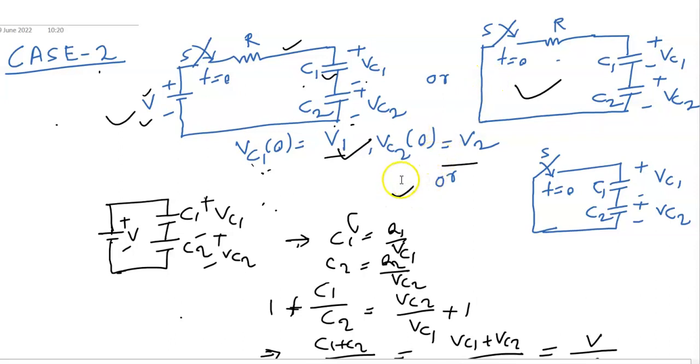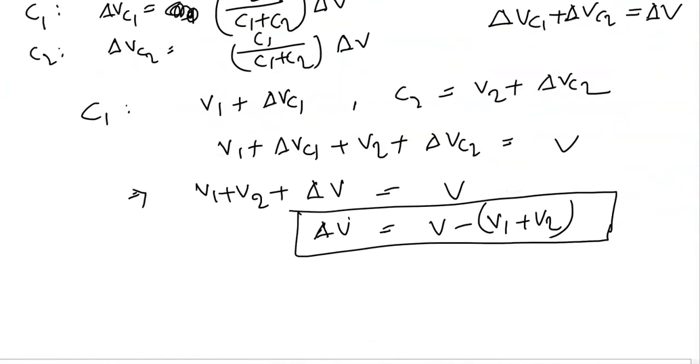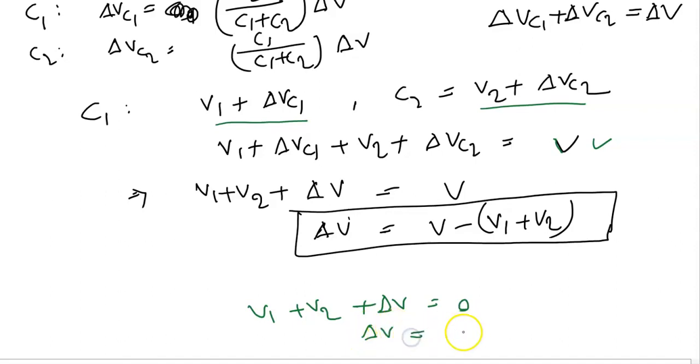Here V1 plus del Vc1 and V2 plus del Vc2 are equal to 0. So V1 plus V2 plus del V is equal to 0, or del V is equal to minus (V1 plus V2).